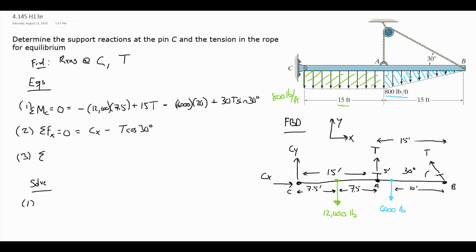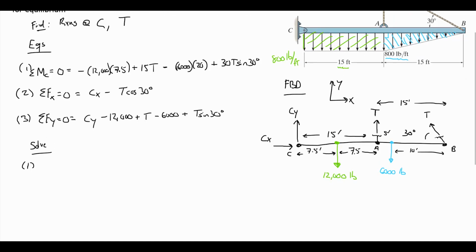And equation 3, if I sum forces in the y direction, I assume Cy is pointing up, minus 12,000 from the simplified distributed load, plus T is pointing up at point A, minus 6,000 from the triangularly distributed load, plus T sine 30 from the tension acting at B. And we see here in equation 3, I will know T already, so I will be able to find Cy easily.